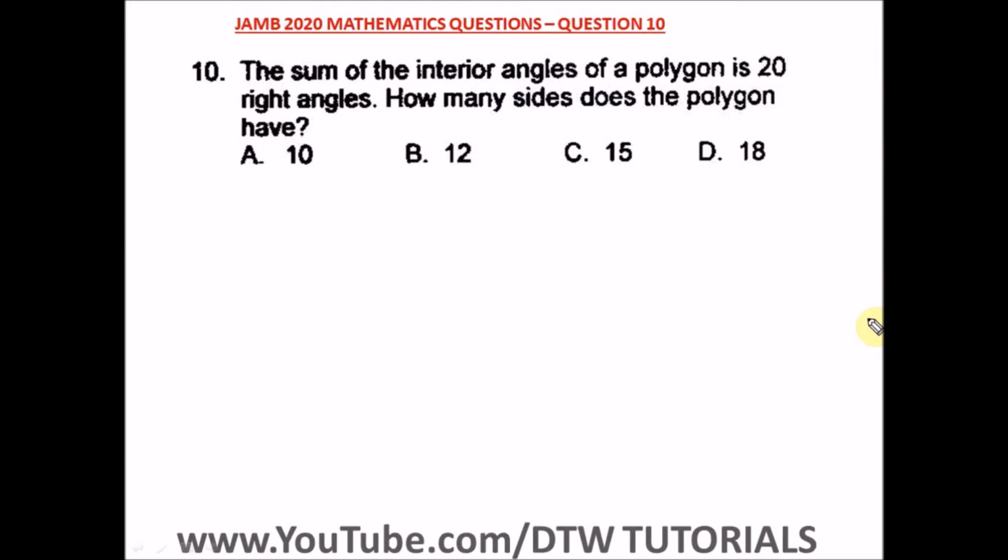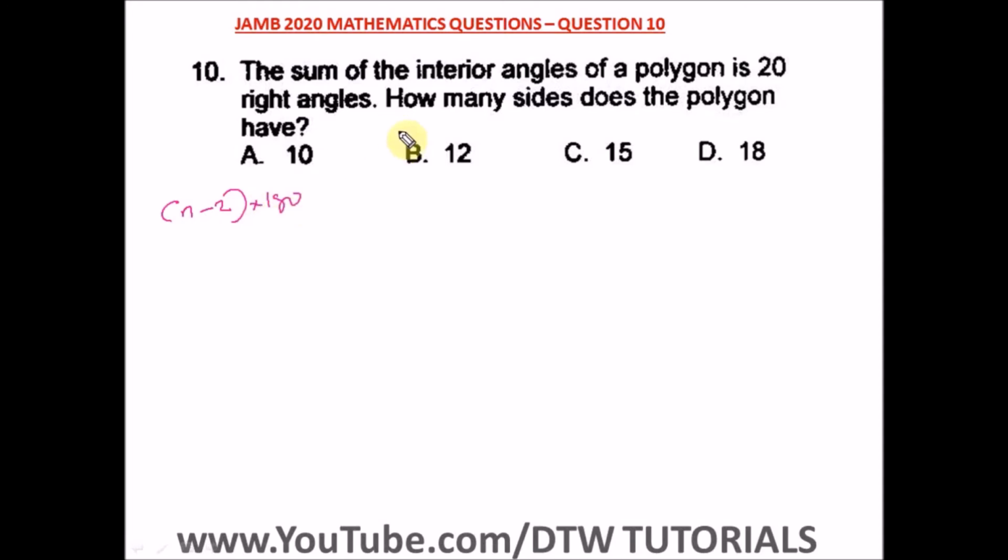If you recall, the formula for the sum of interior angles of any polygon is n minus 2 times 180.